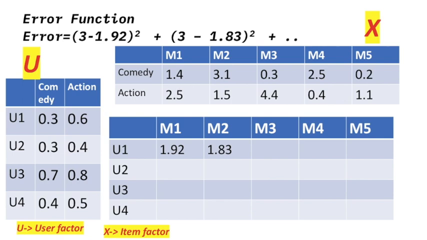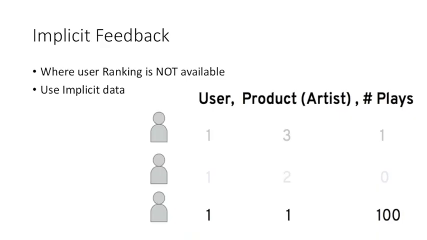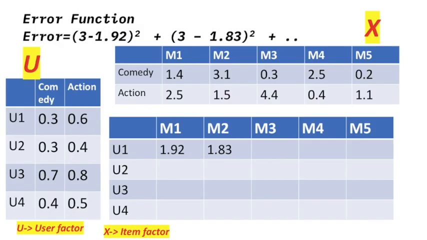Okay, now this matrix factorization is also called alternating least squares, ALS. Why is that? So now what we can do is we can fix one particular matrix, say user factor, and then we can work on the item factor, right? And then fix the item factor, and then we can work on the user factor.